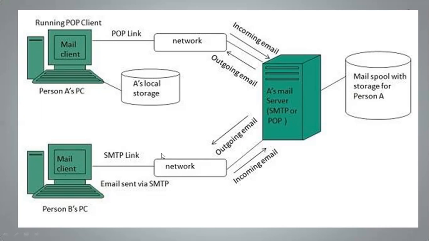Then the SMTP link is used by the receiver, person B. Here SMTP accepts the message from the mail server, and that message reaches the mail client. So this diagram shows how the different links, the POP link and the SMTP link, are used for sending emails.